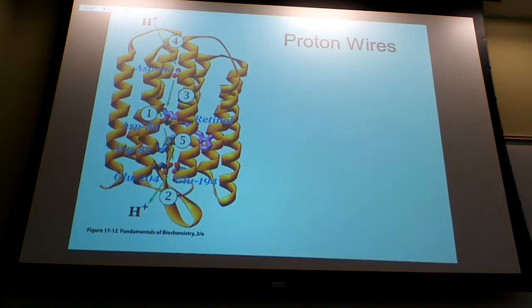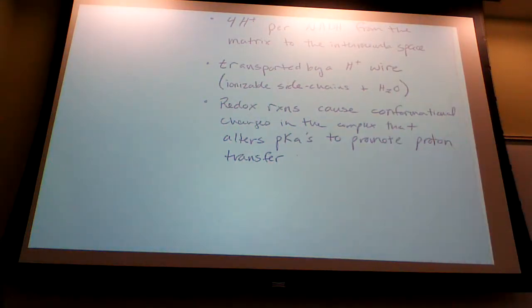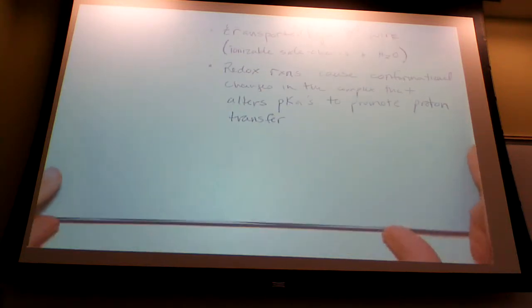If this were our matrix side, you have a proton out here that protonates an aspartic acid, but if it was already protonated, it would pass its proton on to the next one, which causes that one to pass its proton on. And so you just shuffle the protons down until you end up on the other side. Now I can go back to the notes.